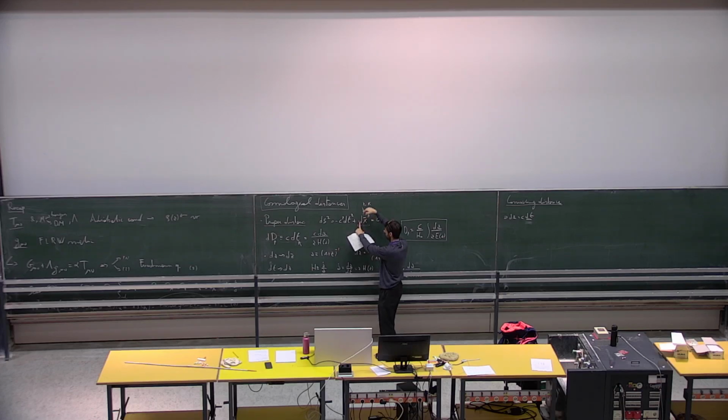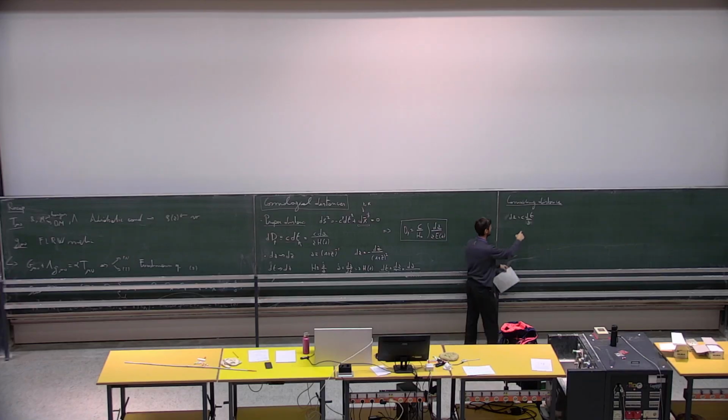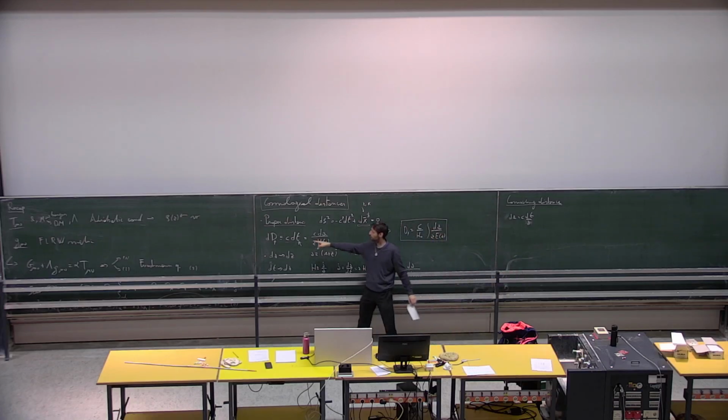So a was hidden here. Now I took it out. I extract it, and I bring it to the other side of the expression. So now what is this guy? That's the conformal time. So now I'm making an integral not with respect to time, but with respect to the conformal time.